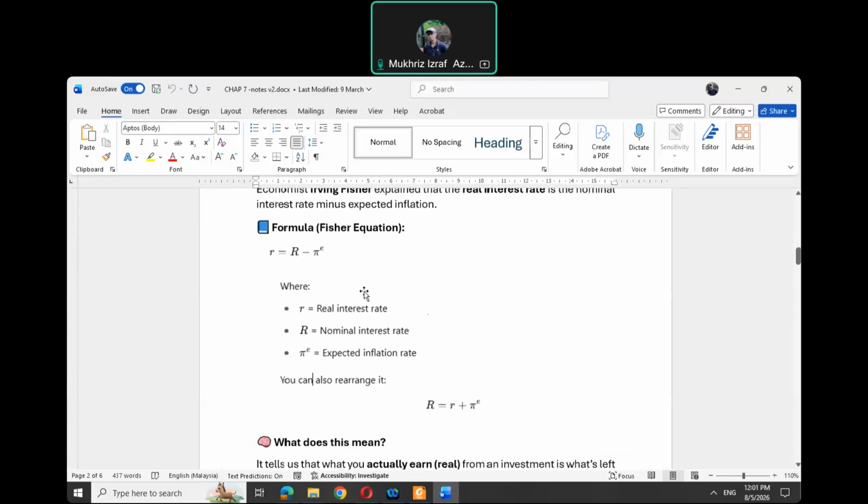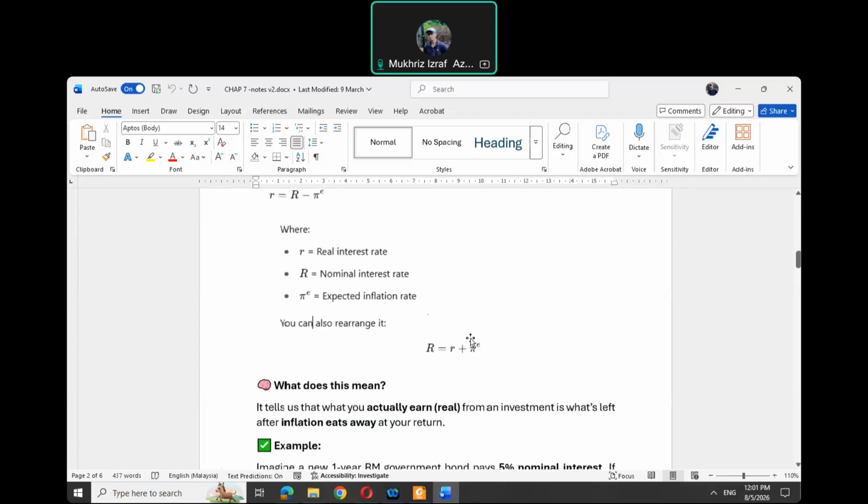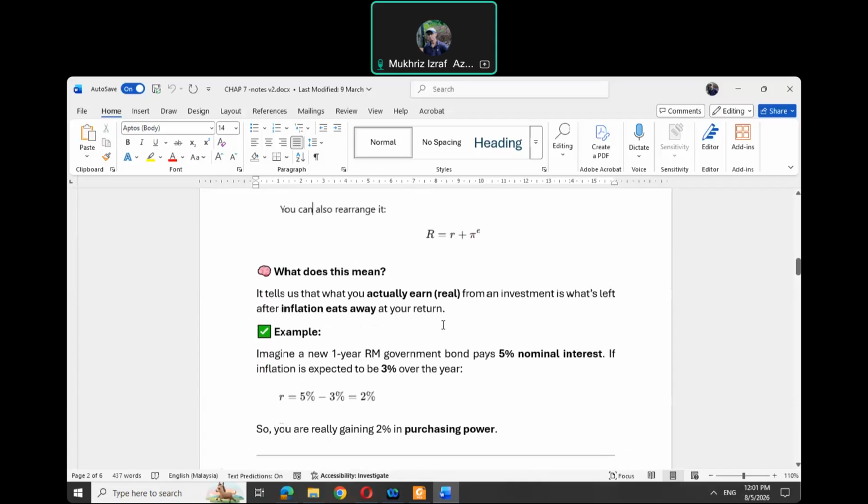But for the Fisher equation, it uses expected inflation, not actual inflation. Why expected? Because when you want to calculate the real interest rate today, you do not know what the inflation will be 1 year from now.